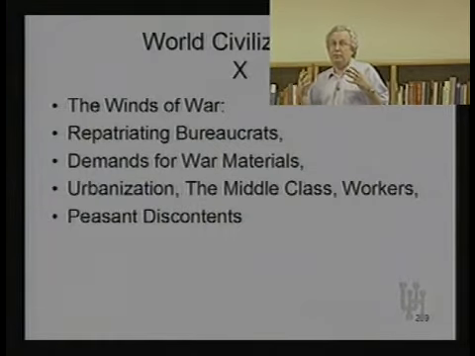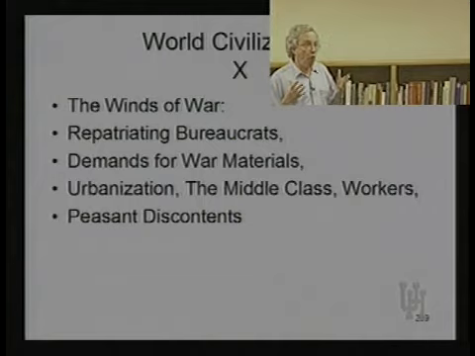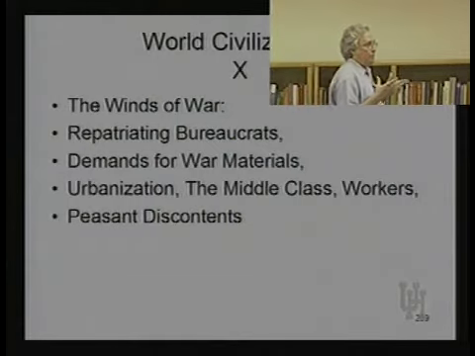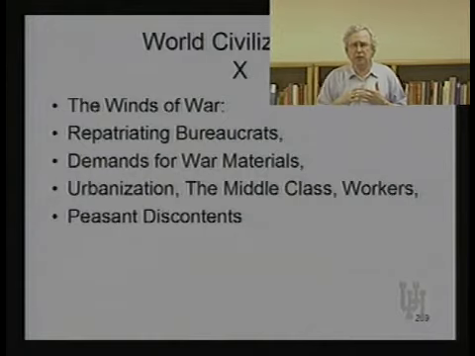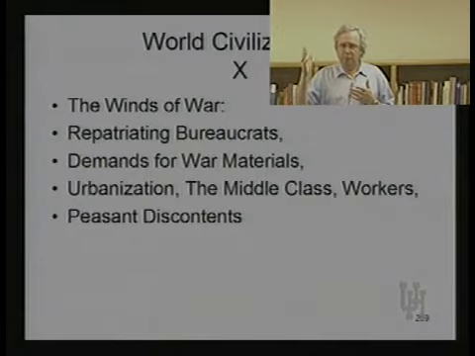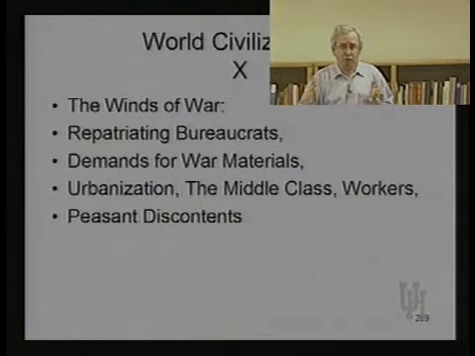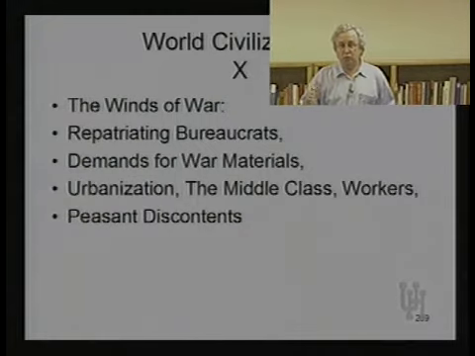What this meant was rapidly growing economies for Africa. For example, between the 1930s and the 1950s, the exports of the Belgian Congo increased by 300% over about a 20-year period, from the late 30s to the late 50s. Much of this was driven by World War II and then the Korean War after that.